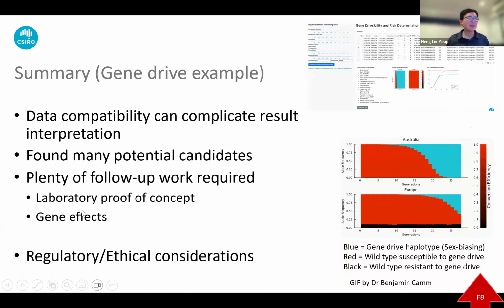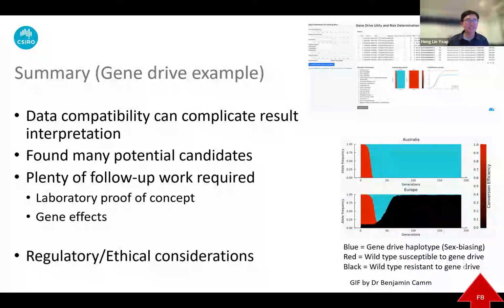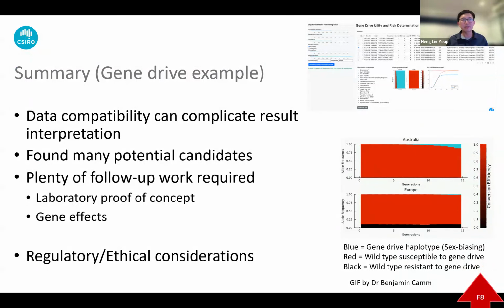So just to summarize, our experience with this data further reiterates the data complexity challenge. Ideally, we should mitigate early on, but there should be some fail-safe measures to allow data to be salvaged so that we can avoid making the wrong interpretations. On the gene drive perspective, we have shown that we have some bioinformatically identified candidates, but it's still early days because we still need laboratory proof of concept that this can be engineered into rabbits.